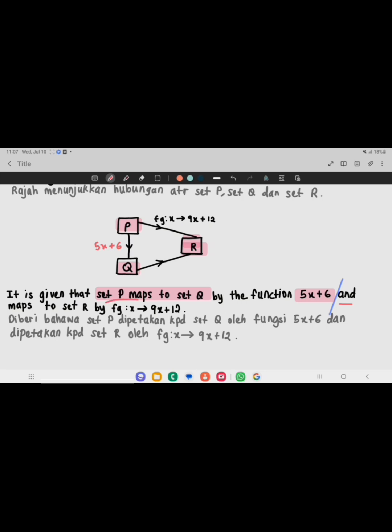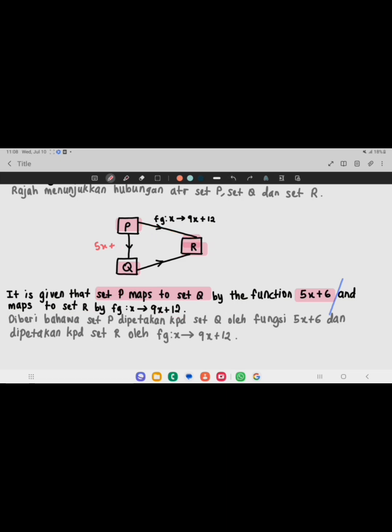It is given that set P maps to set Q by the function 5x plus 6 and set P maps to set R by the function 9x plus 12. So this is what they mean: set P maps to set Q and also set P maps to set R by 9x plus 12. Is it already in the diagram? Yes, it is already there in the diagram.